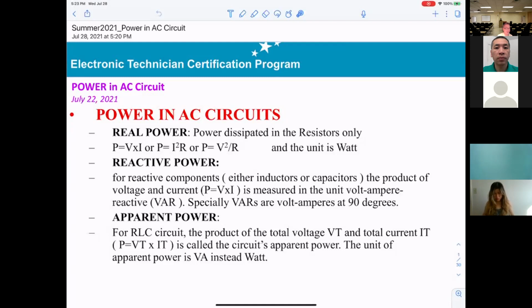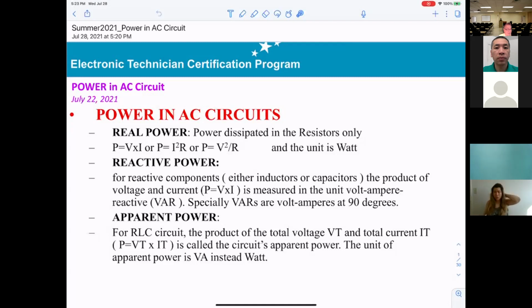And now we get another power. That means the power through the capacitor or inductor. That's what they call reactive power. Okay?